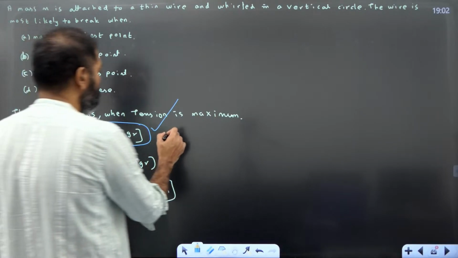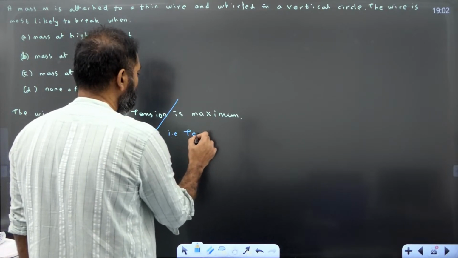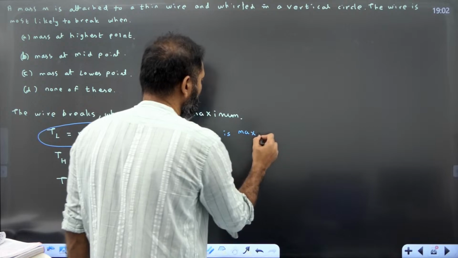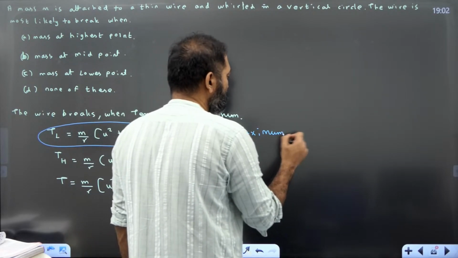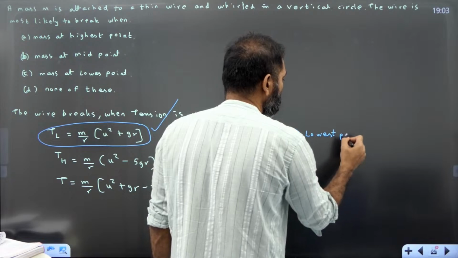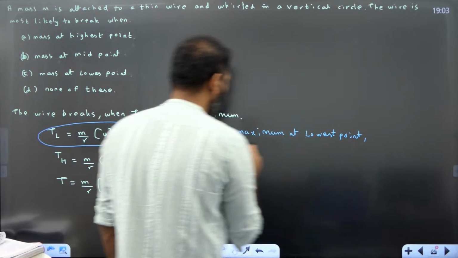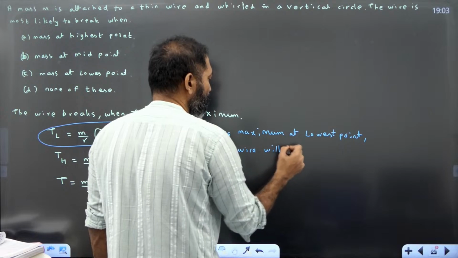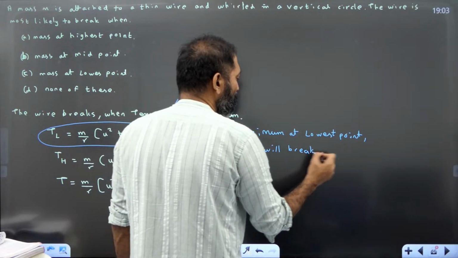That is, tension is maximum at the lowest point. So, the wire will break at the lowest point.